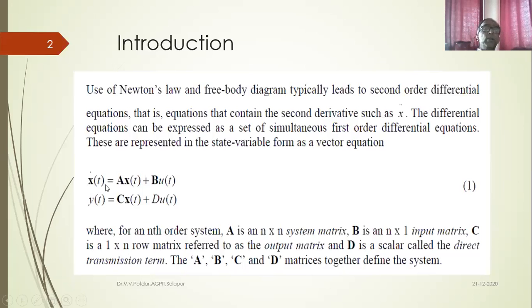So x dot is equal to Ax plus Bu and y is equal to Cx plus Du. If I am able to convert my differential equation into this set of two equations, I call that I have converted my higher order differential equation into a set of state space equations.